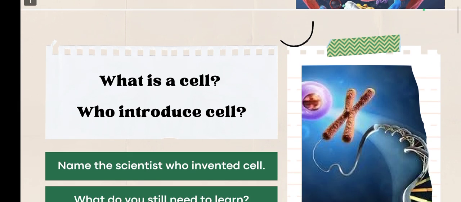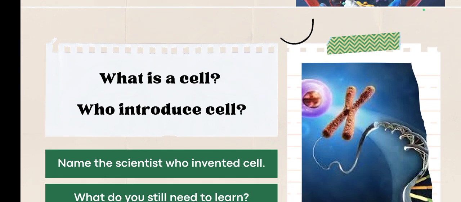So let us know what a cell is. Who introduced the cell? The cell is the basic structural and functional unit of life. This statement was given by Schleiden, a German botanist, where he studied that every plant is made up of a number of cells which have similar structure and perform many essential life processes.